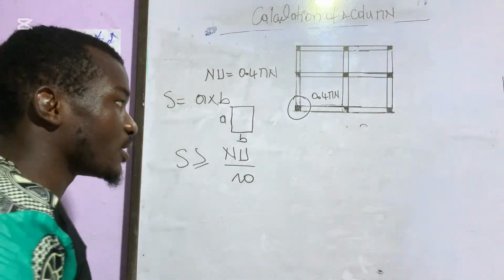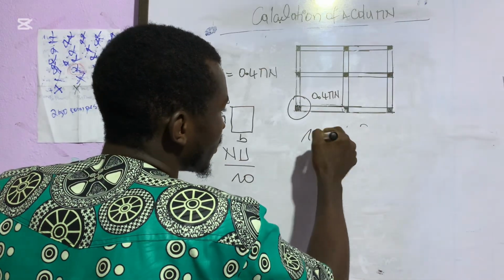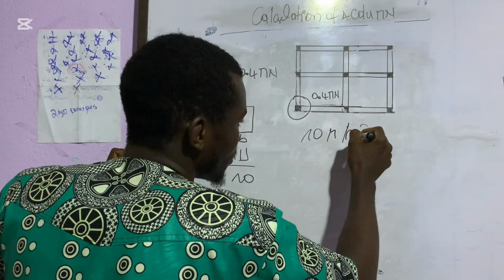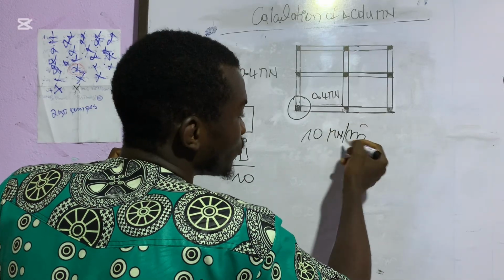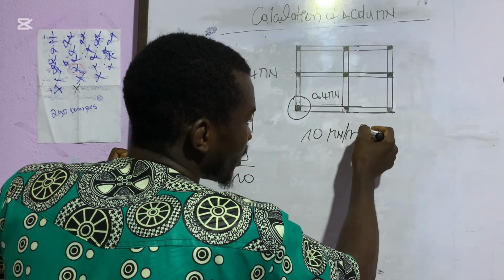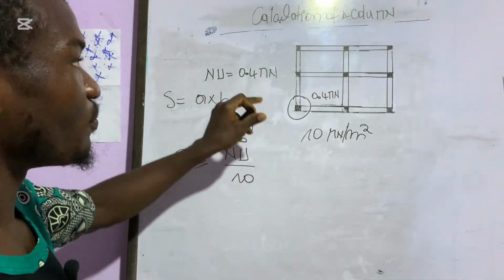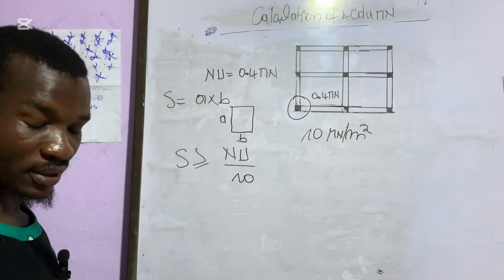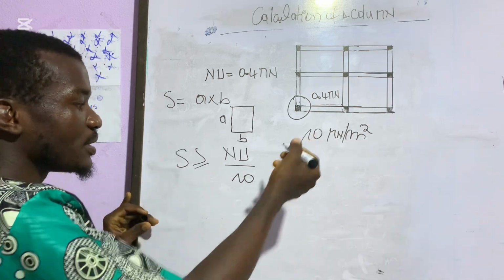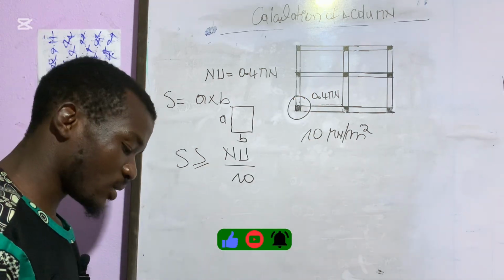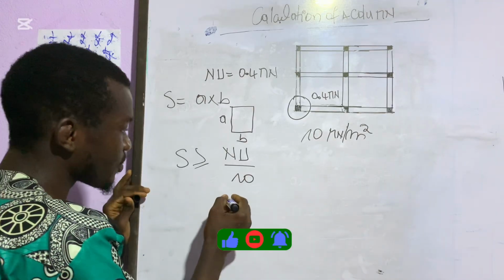So what is this 10? This 10 is the applied stress, which is usually given in meganewton per meter square. From there you can understand why we need to convert this ultimate load to meganewton. So we already have the formula and our ultimate load, so we just make the calculation.